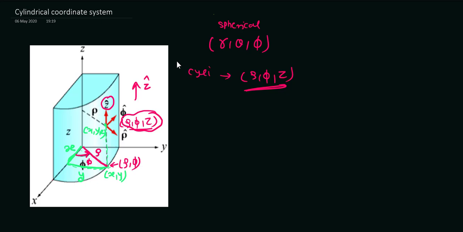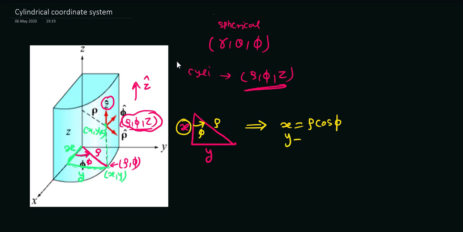So let me draw this triangle here. This is our distance x, this is our distance y, and this is our distance rho in the cylindrical coordinate system, and this is our angle phi. We can easily find the relation from here, that x would be rho cos phi, and the distance y would be rho sin phi.